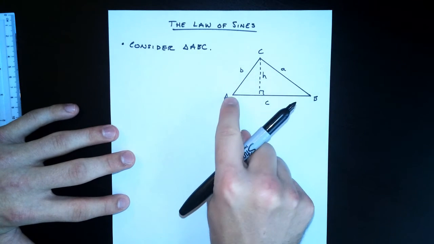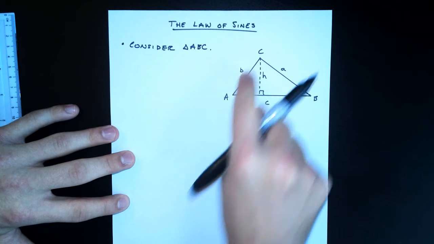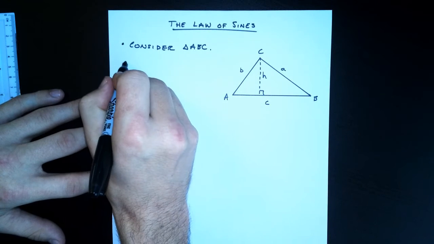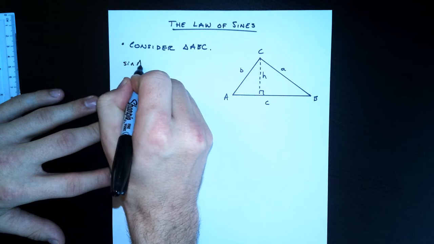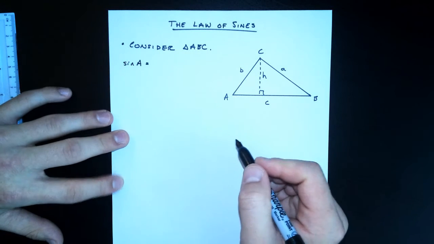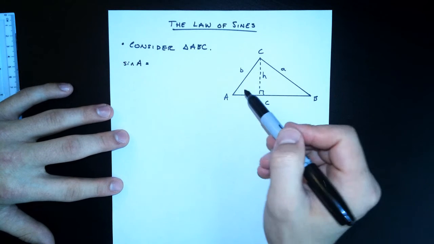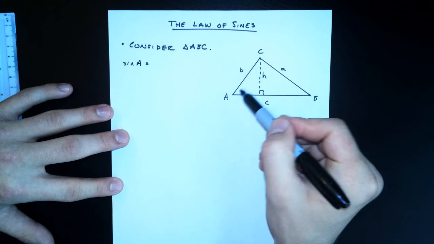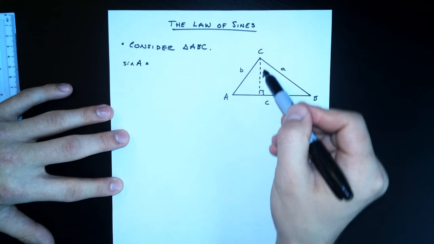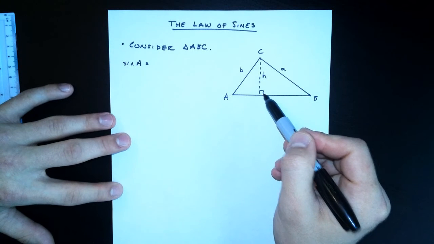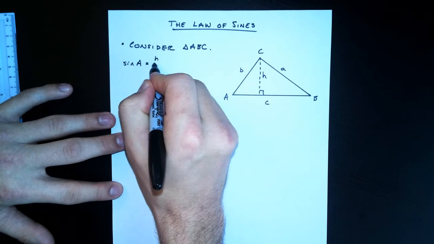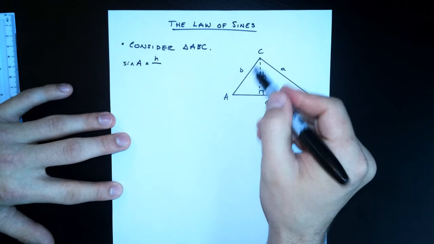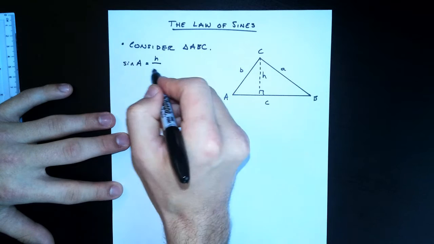So let's do the sine of angle A for this left triangle here. The sine is the ratio of the opposite side to the hypotenuse. So within this triangle, opposite to A is the altitude H, over the hypotenuse of this triangle, which is b.